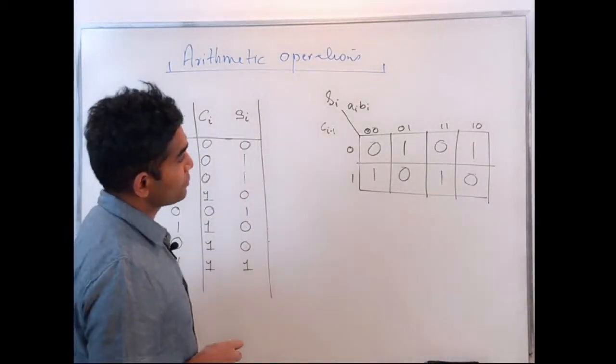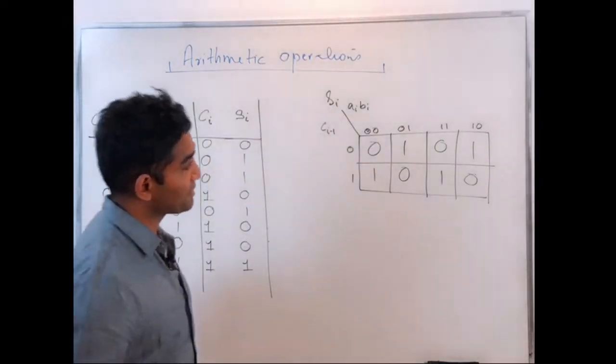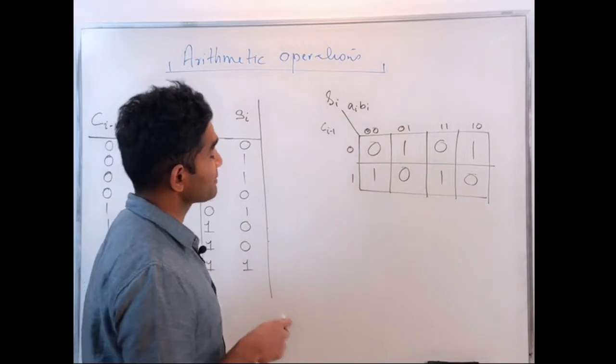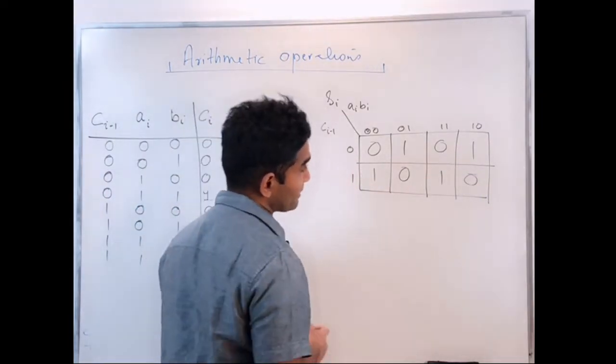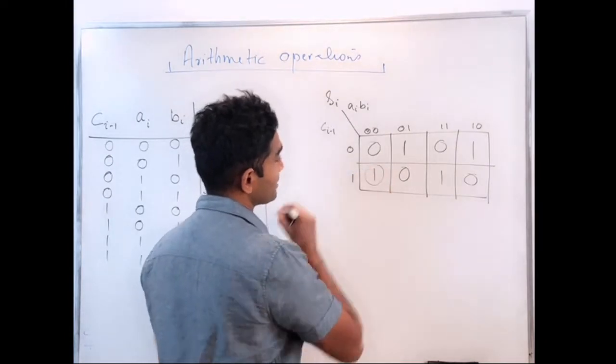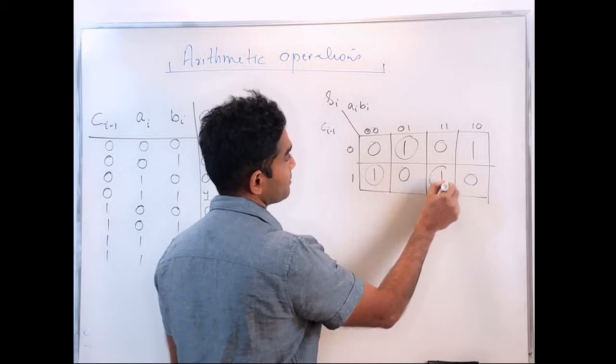And so what are my prime implicants? We have seen this kind of a K-map before in the previous class. In this case, I don't have any adjacent cells I can combine, so each of my cells itself is a prime implicant.